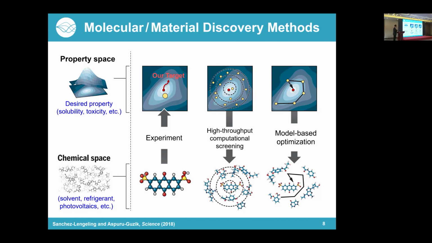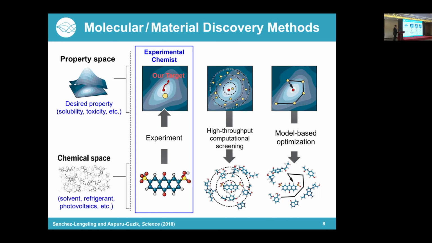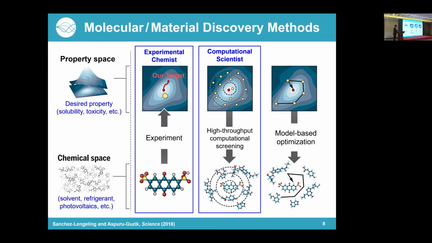If we look at the molecular or material discovery methods, basically you have three different kinds of methods. The first one is experimental chemists. They do a lot of experiments. If you are lucky, then you may find your best molecule or best material, but then you have to spend a lot of time. The second one is computational scientists. They use high-throughput computational screening methods. For example, they use DFT calculation or molecular dynamics. They can also predict some properties.